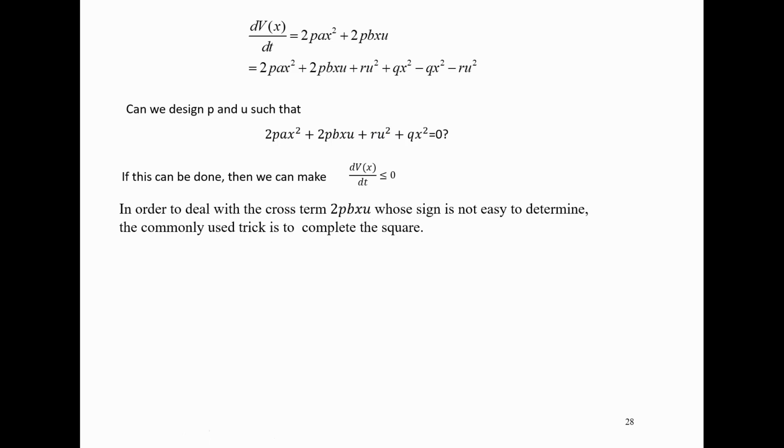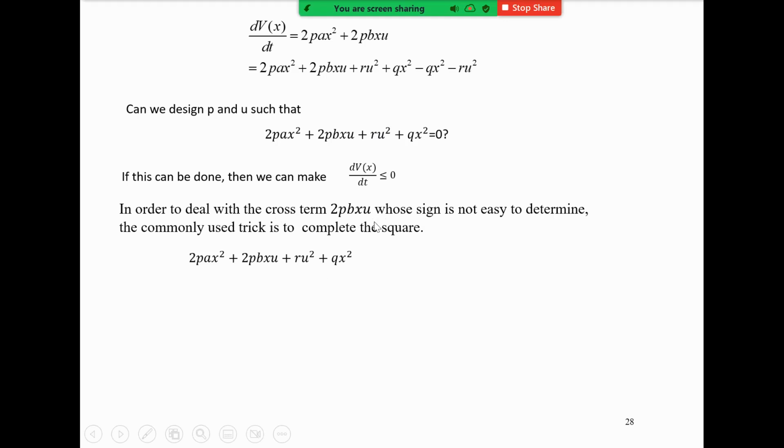That's what we call completing the square. Let's just complete the square for this term. Here is X times U, and we already have a U squared. We need a term in X squared.